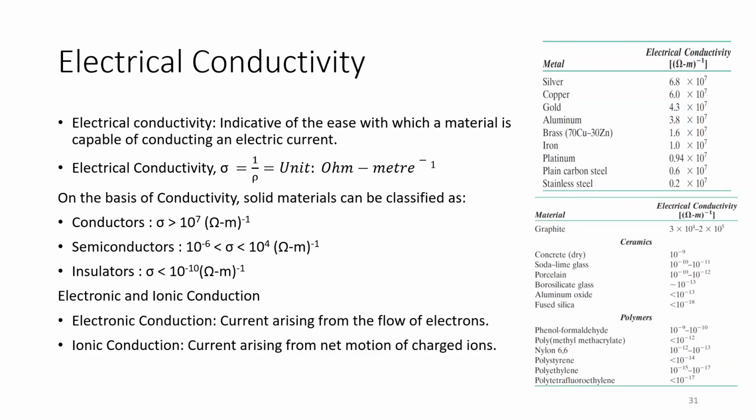Electronic and ionic conduction. In case of electronic conduction, you have current arising from the flow of electrons, while in case of ionic conduction you have current arising from net motion of charged ions.